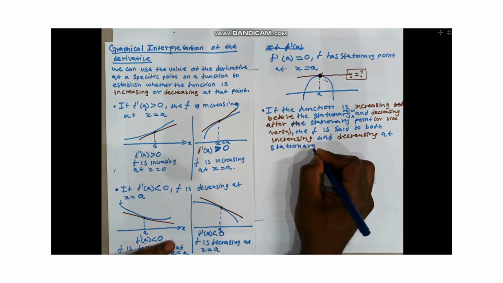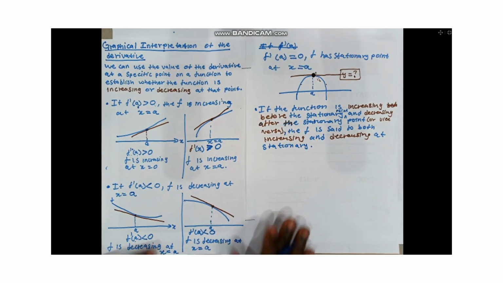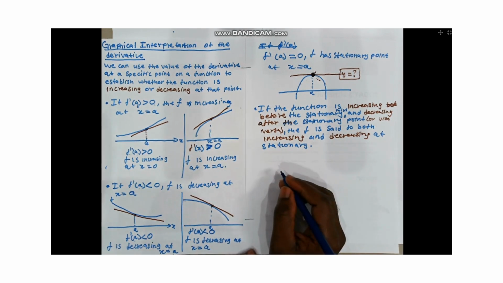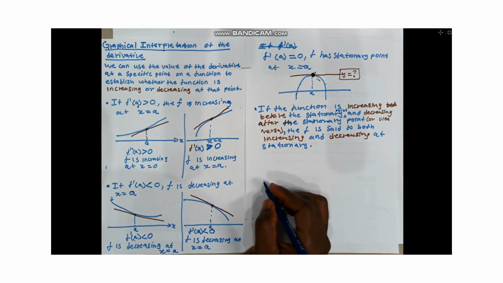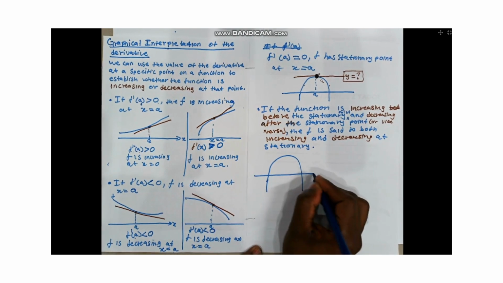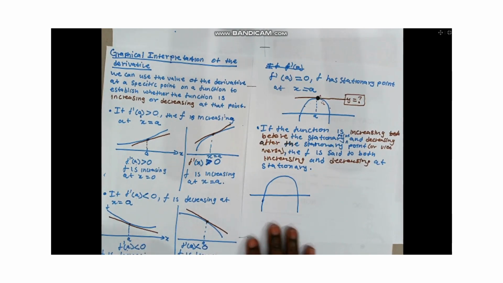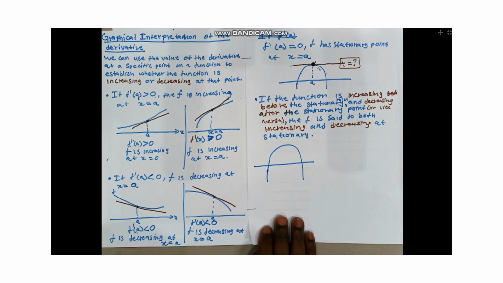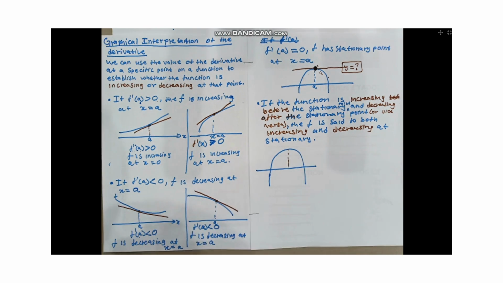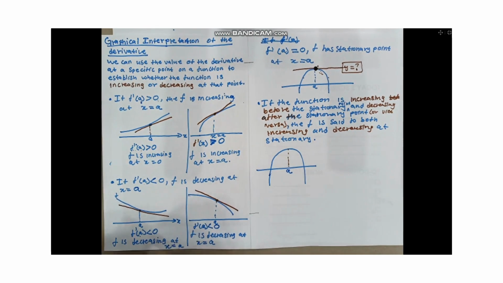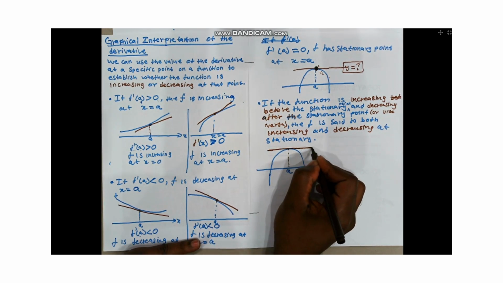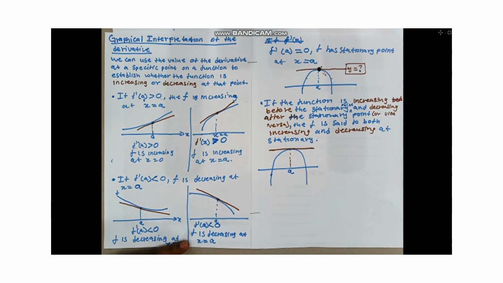Let me just go to the graphics, drawing the graph, explaining the statement that I just wrote here. Our graph is this one. We have a point which is A here. We have our tangent here, where our gradient is equal to 0.